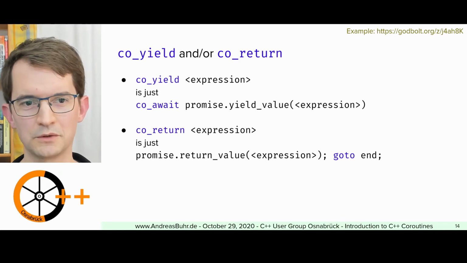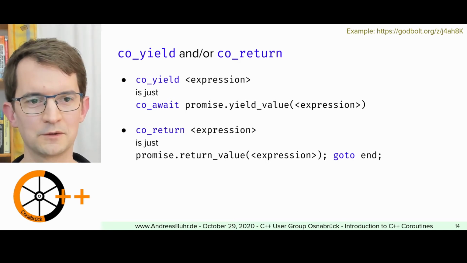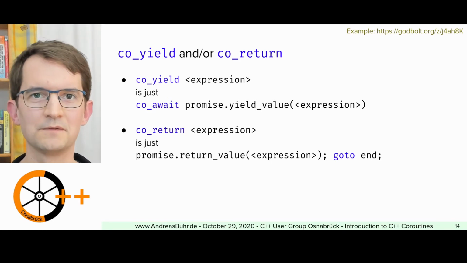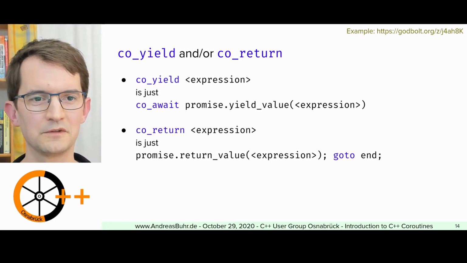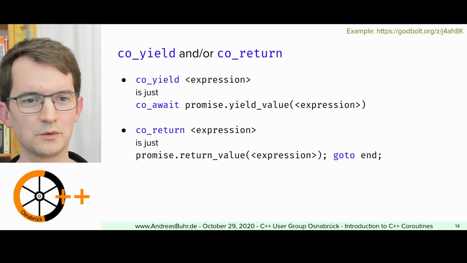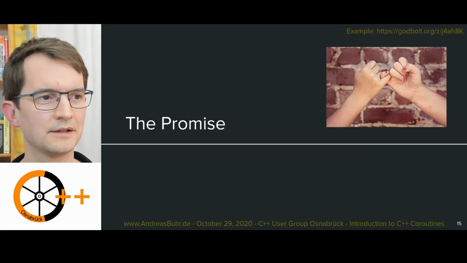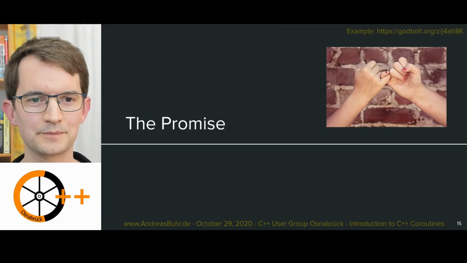And then co_return of some expression is transformed to promise.return_value(expression), and then something equivalent to goto end. So co_return expression ends the coroutine and gives the result of the expression to the promise object. Yeah, but what is it? Promise object? Next section of the talk.